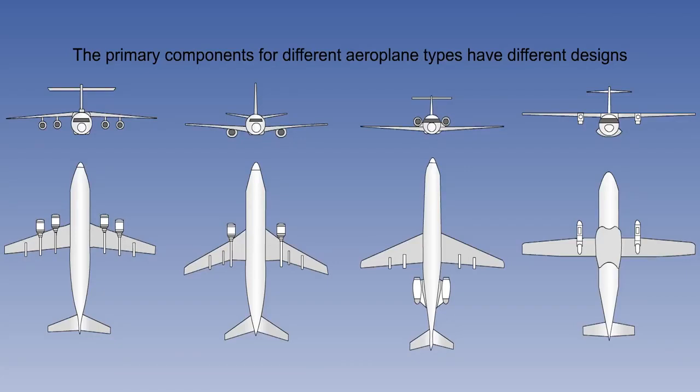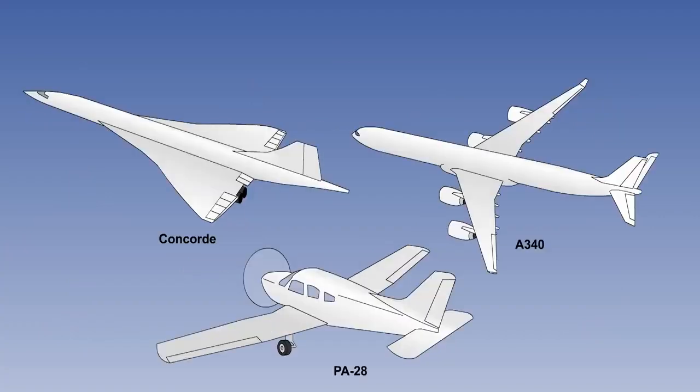Notice how the fuselage, tail surfaces, controls and engine type and placement differs between the aeroplane shown on the screen. These 3 aeroplanes, the now retired Concorde, the A340 and the PA-28, all have very different designs.